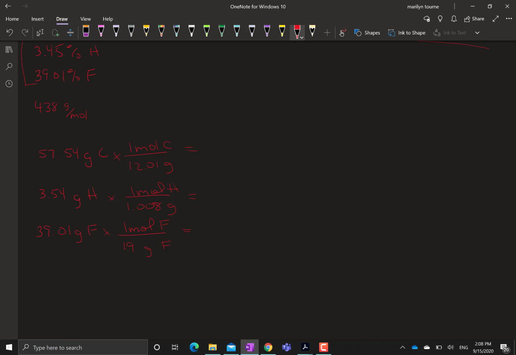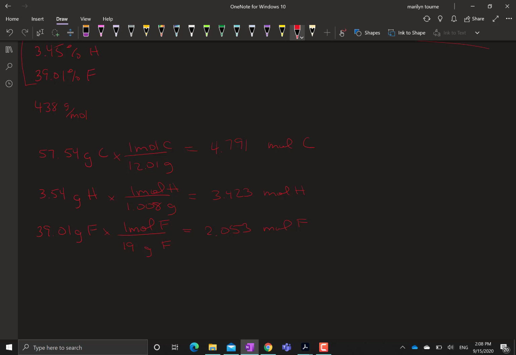Okay, if I do all these calculations, you should get 4.791 moles of carbon. You should get 3.423 moles of hydrogen. You should get 2.053 moles of fluorine.